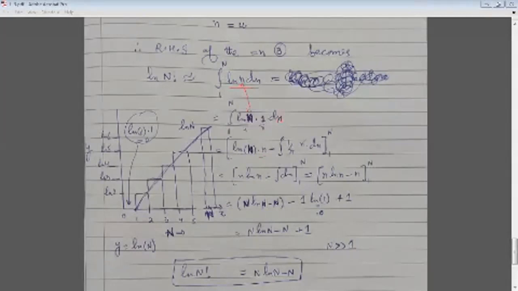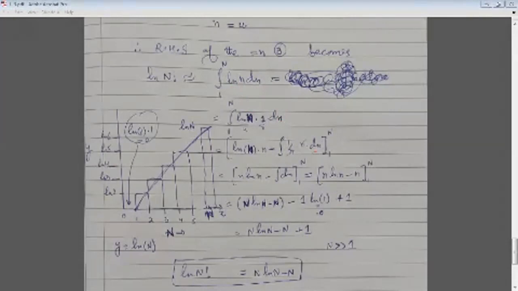That means if we differentiate, du will be d of ln n, which becomes 1 upon n times dn. We will integrate it with lower limit 1 and upper limit N.